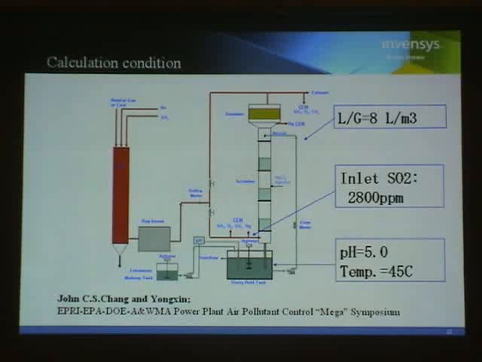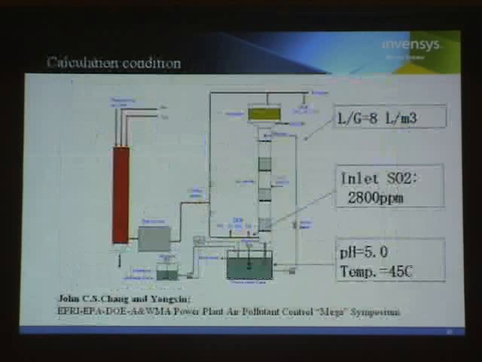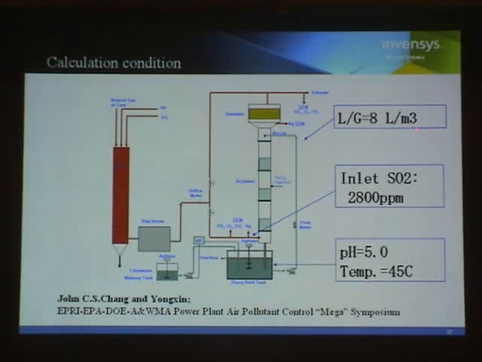Now we'd like to compare the result of this simulation with experimental data. This experiment was done by EPA of the United States. Liquid gas ratio was 8 liters per cubic meter, and inlet sulfur dioxide concentration was 2,800 ppm.